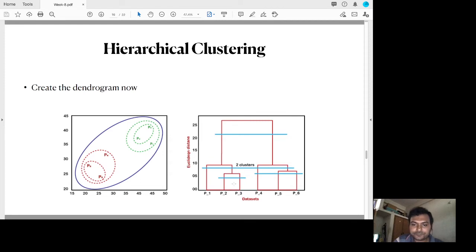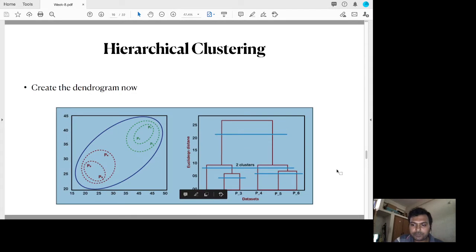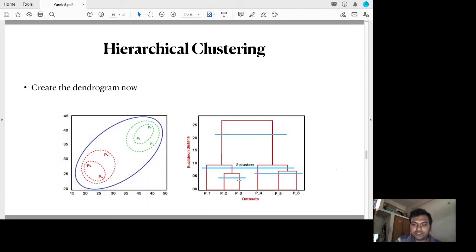Okay. So P2 and P3 are closest to each other in this particular diagram, and therefore we combine them into a single branch. The height of this branch will be equal to the Euclidean distance between P2 and P3. After you have clustered P2 and P3, they become one cluster.